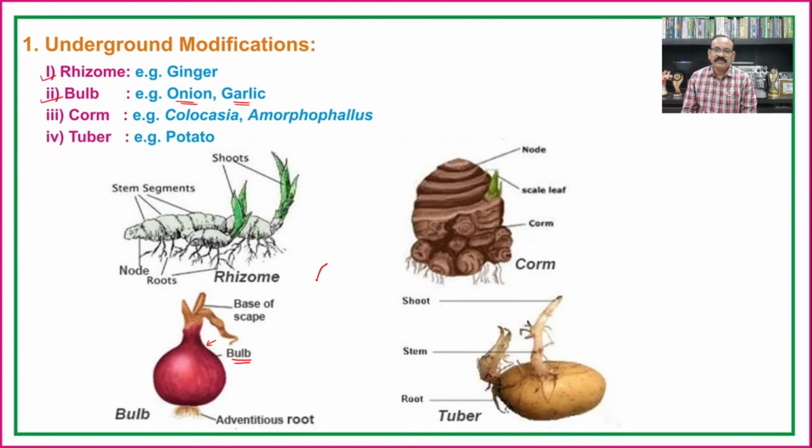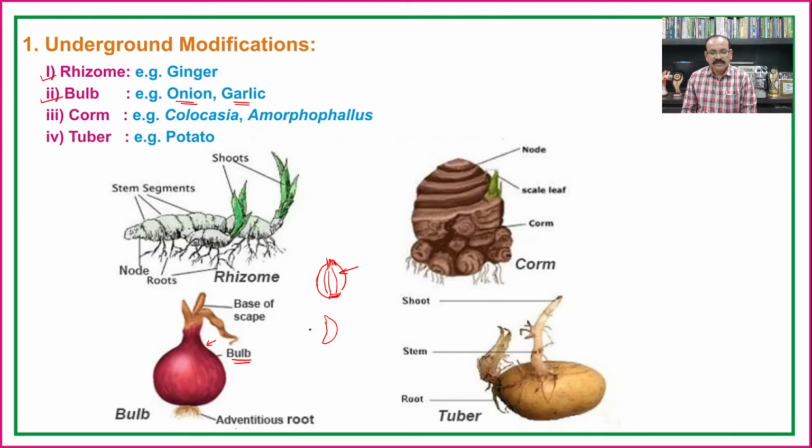So, whenever we see the garlic, at that time you will find that the garlic is made up of many bulblets, and if we see each bulblet, then also it is covered with the membranous scales.